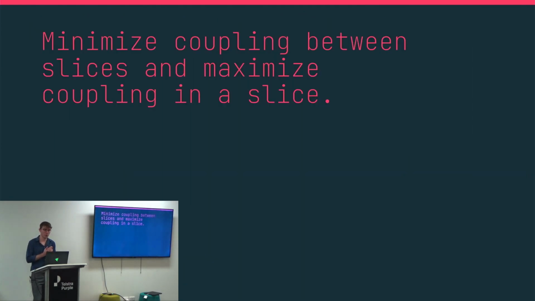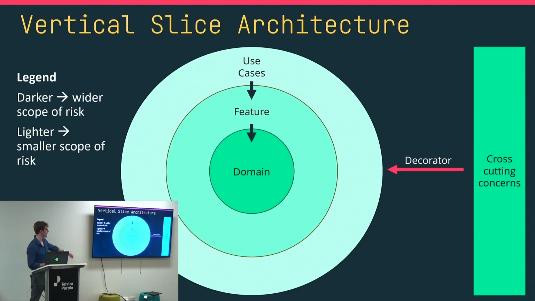Another thing, a quote directly from his blog post, is that we should minimize coupling between slices and maximize coupling within a slice. Now, note that it's not don't couple between slices and only couple within a slice. It's, again, empowering a developer to make the right pragmatic decision and saying, in general, try to keep the risk factors in check, try to keep use cases isolated, but are you going to write a new DB context for every single use case?